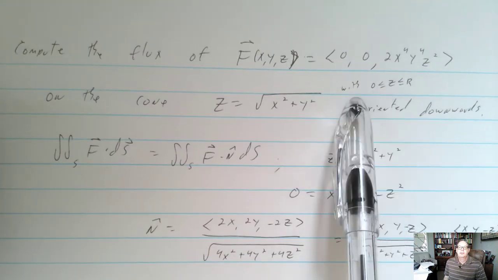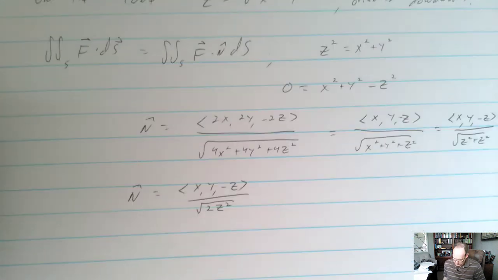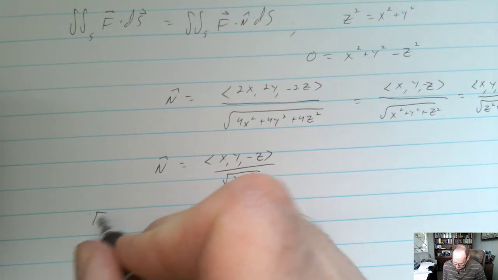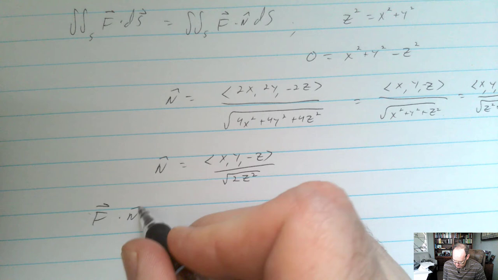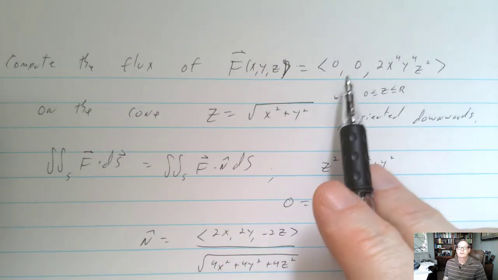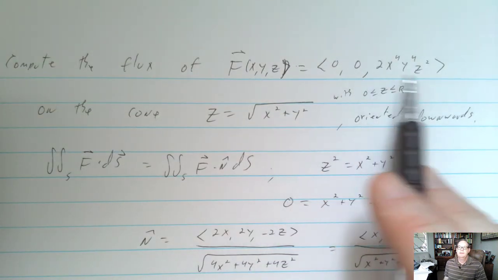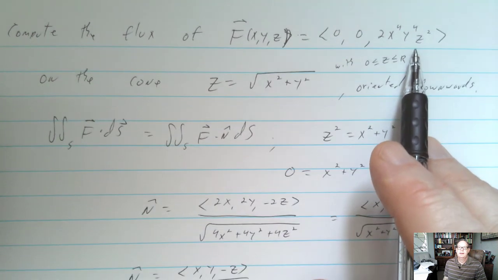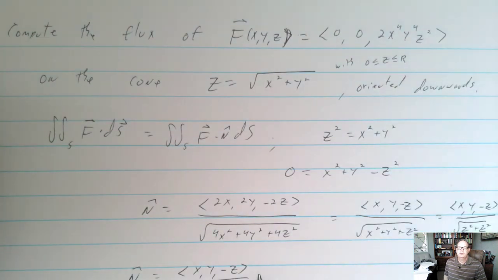Let's do our dot product. Nice and simple. Well, two thirds of it will be. So of course we got 0, 0, those will cancel. Then this times negative z over the square root of 2z squared.